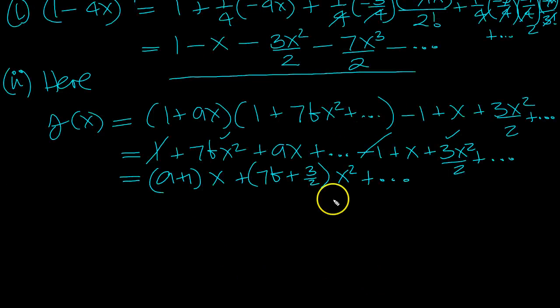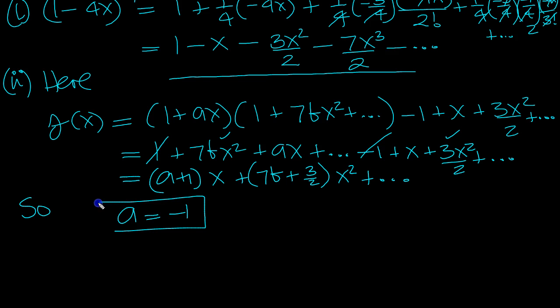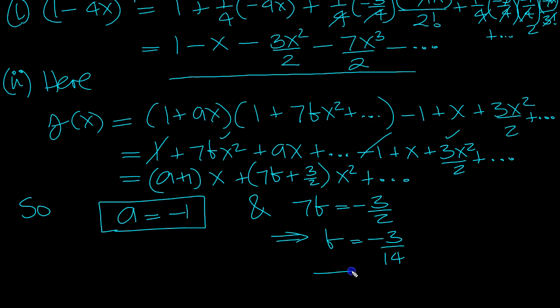So here for these to be 0, this must be 0, so a must equal minus 1, and 7b must equal minus 3 over 2, so b is equal to minus 3 over 14. And there's a and b.